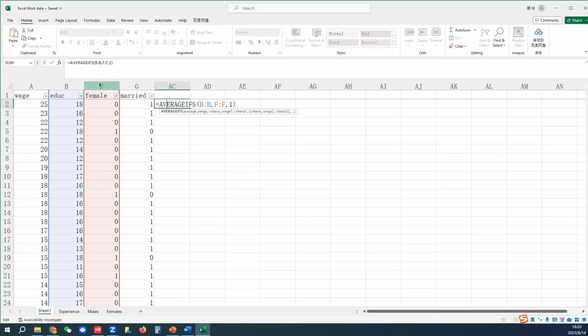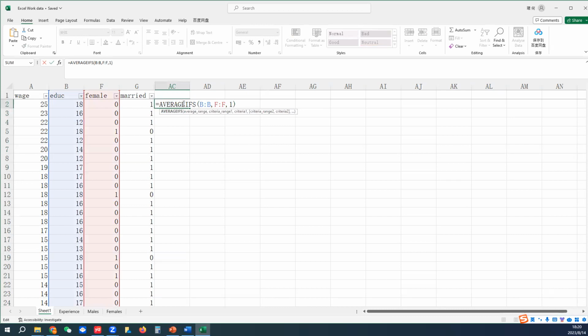The criteria is column F, and the criteria is that the cell in F takes the value of 1. What does that mean? That means we are calculating the mean of column B, which is education.